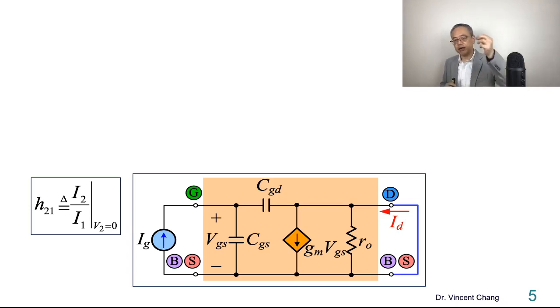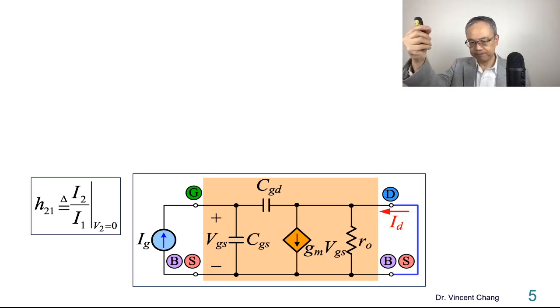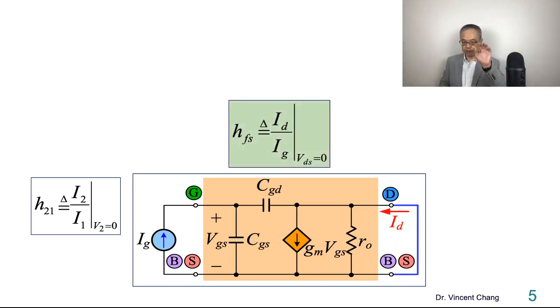We send in an input current, and the output current is taken from ID, which corresponds to I2 in the H parameter model. So based on this definition, we can write it down: I2 corresponds to ID, IG corresponds to I1, and VDS equals 0 corresponds to V2 equals 0.